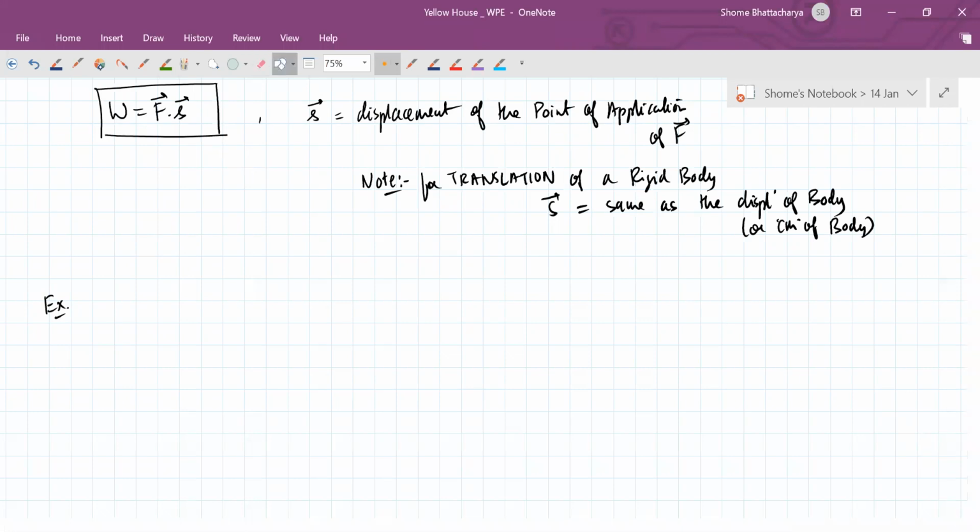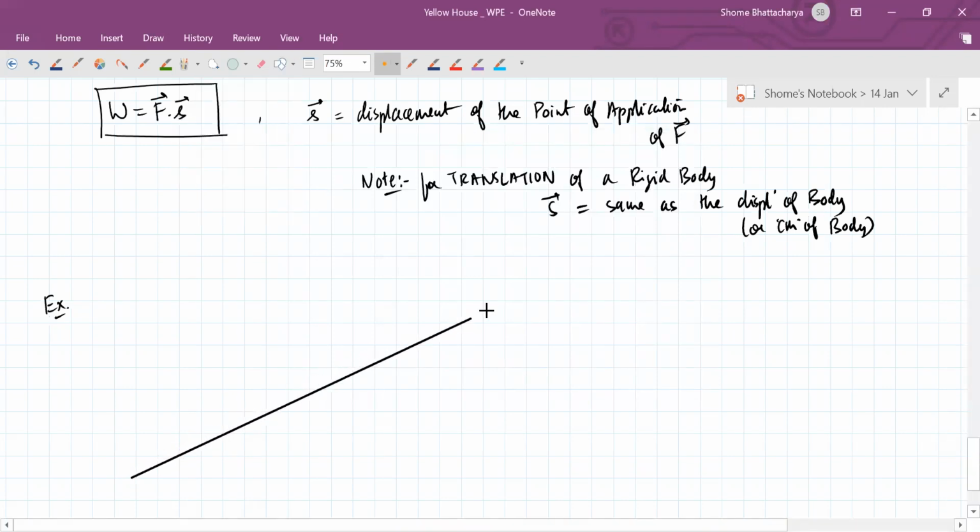So let's look at a typical mechanical situation like this, where we have, let's say, a rough inclined plane. Angle of inclination 37 degrees. Okay. Now in this, let's say we are looking at a block sliding down the inclined plane through a certain amount of displacement.